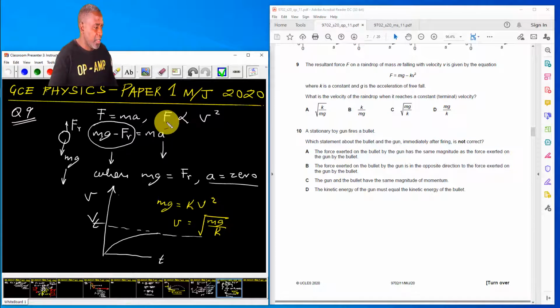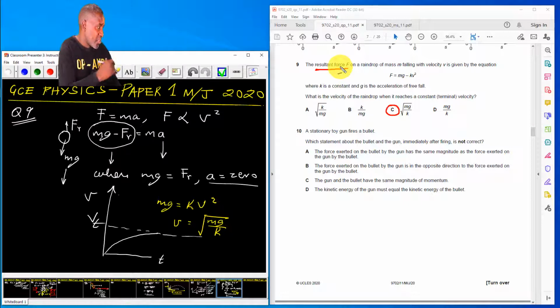Notice that the way I'm working these questions, I'm using certain facts that we have been able to learn. I'm also emphasizing what the examiner is telling us. And the examiner is very good at telling us the correct information, resultant force. So what do you do with the resultant force? You must know resultant force produces acceleration.